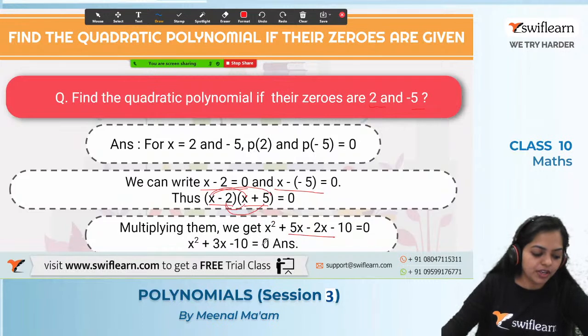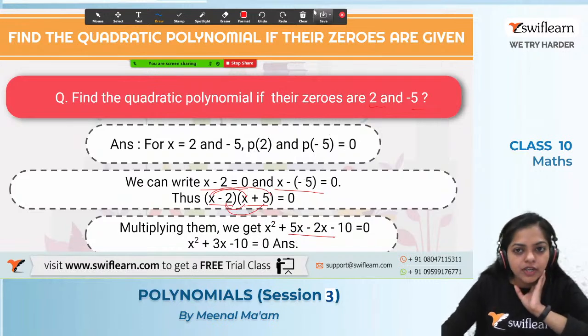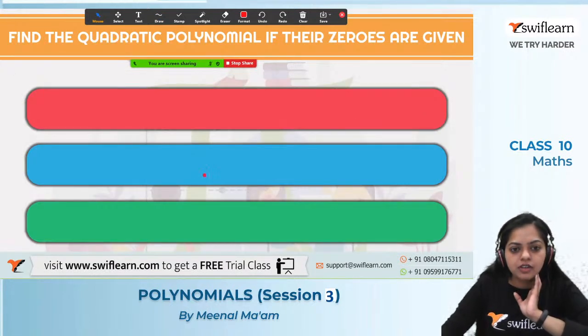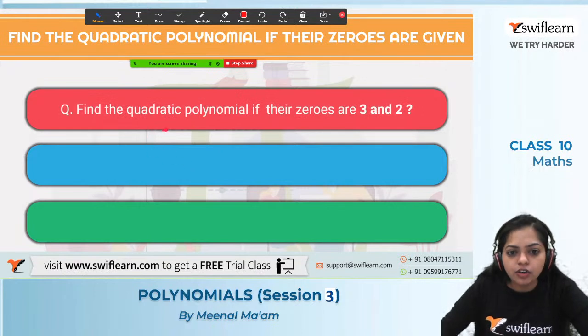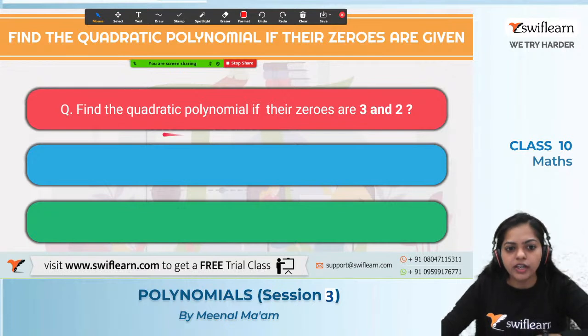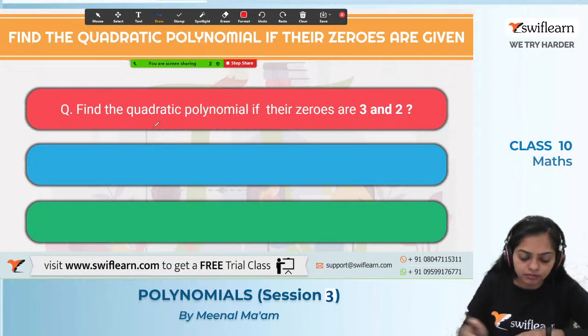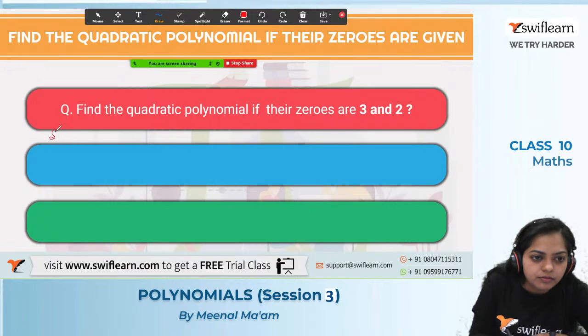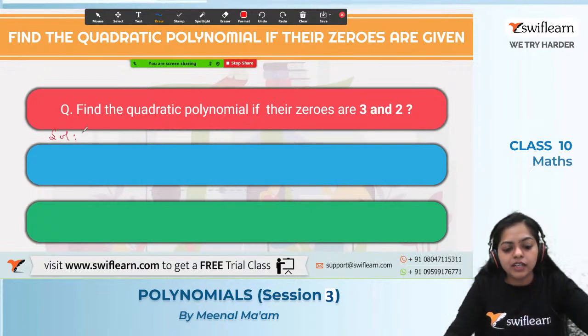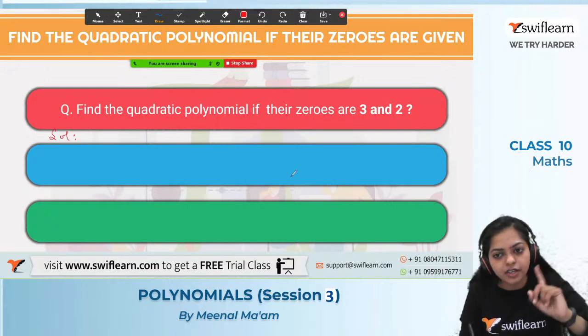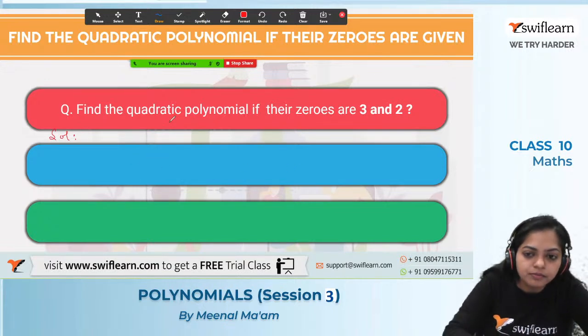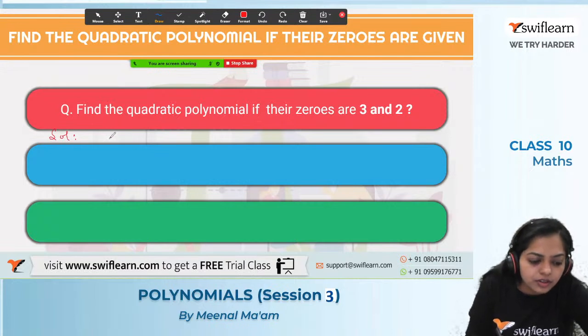If you got this one, let's move on to the next question. One more question to practice this type: find the quadratic polynomial if its zeros are 3 and 2. Let's solve this together.